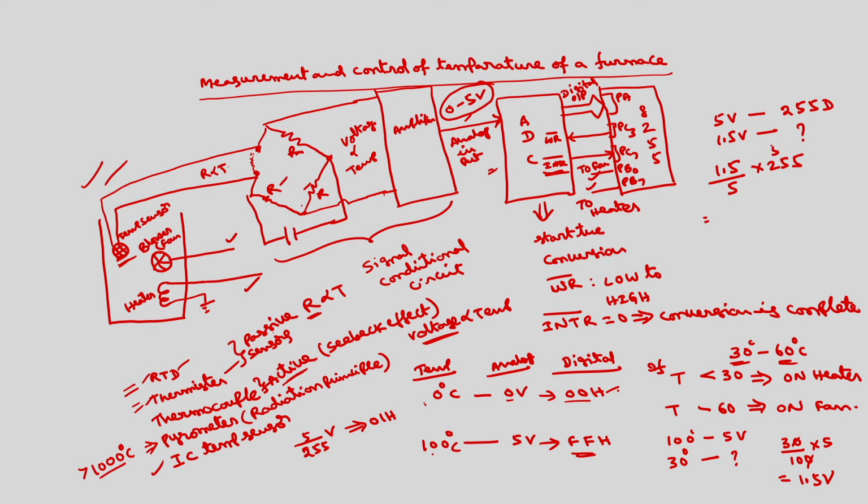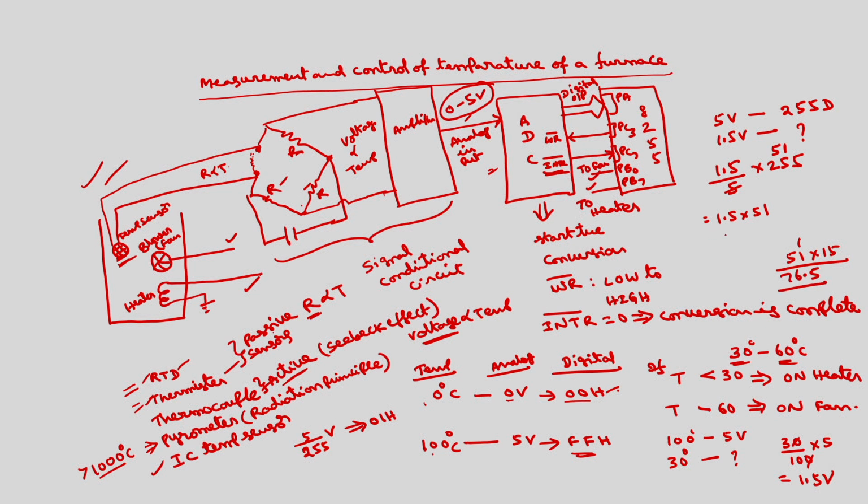5 51s are 255, so this is 51 into 1.5. 51 into 1.5 is approximately 51 into 15, which gives 76.5.